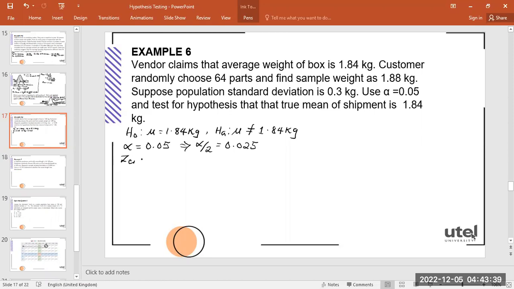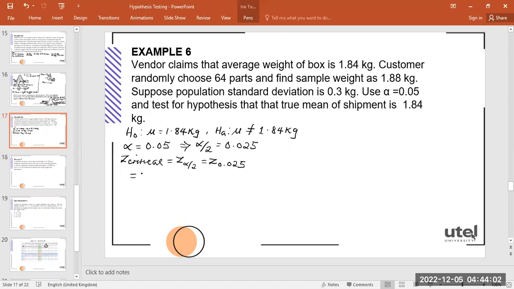So our Z critical, which is the same thing as Z at alpha by 2, which is the same thing as Z at 0.025, just as we've done before.